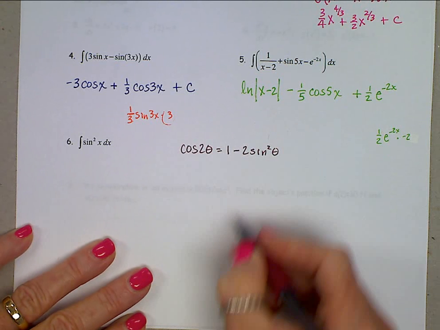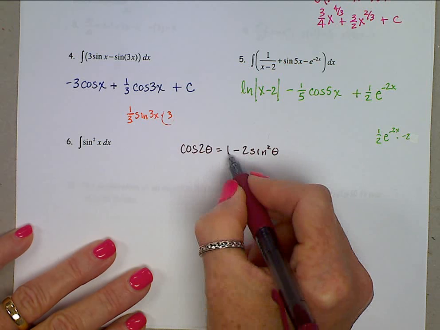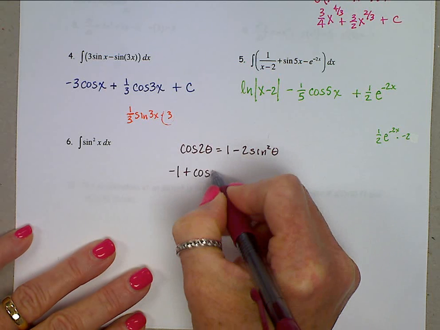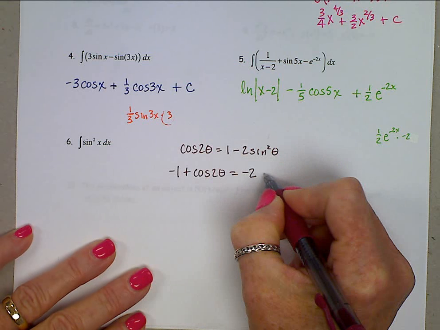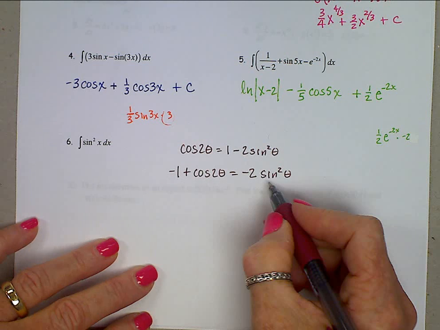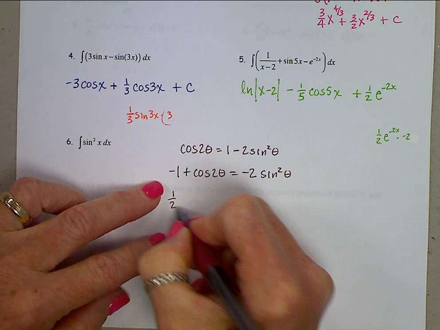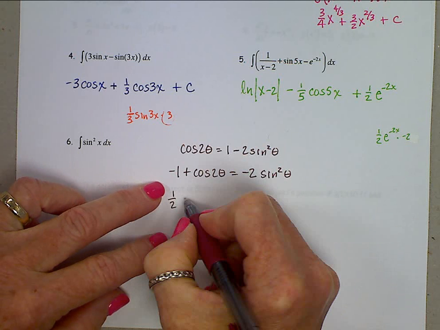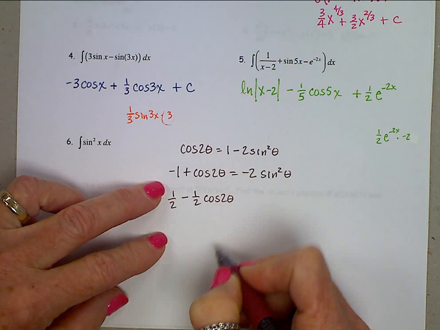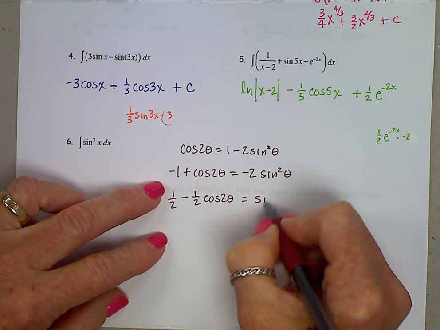Let's solve for sine squared. So let me subtract this 1. Negative 1 plus cosine 2 theta is negative 2 sine squared theta. Divide out the negative 2, gives us positive 1/2 minus 1/2 cosine 2 theta equals sine squared theta.